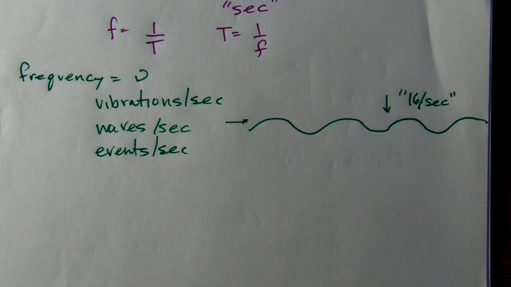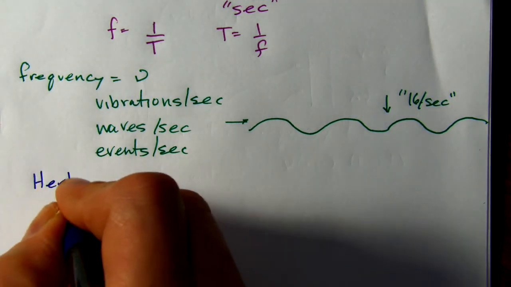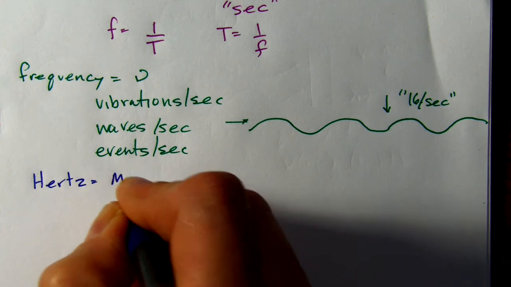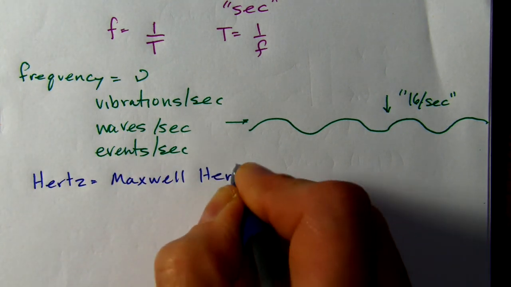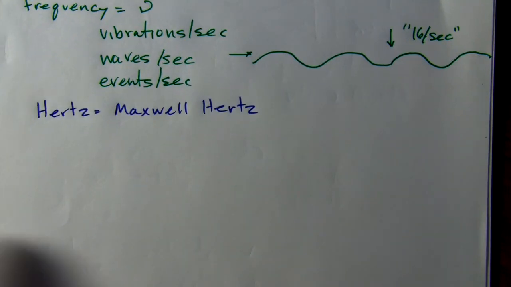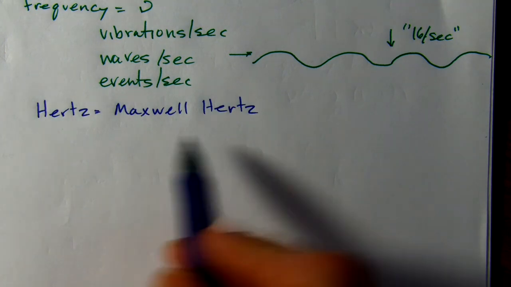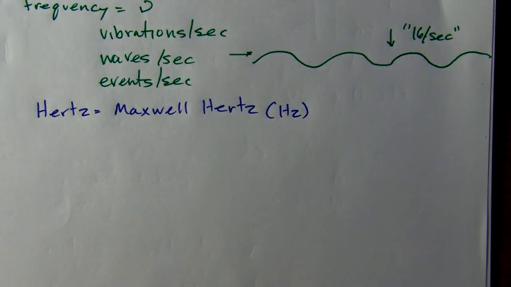But this is where it gets a little more interesting. It is for Maxwell Hertz. Maxwell Hertz is the one who described the idea of frequency. He didn't just invent the unit, okay? He did a whole lot in terms of waves, but we describe wave frequency in honor of Maxwell Hertz.